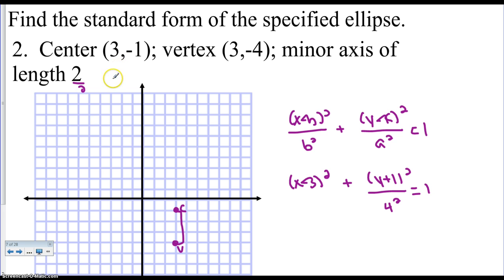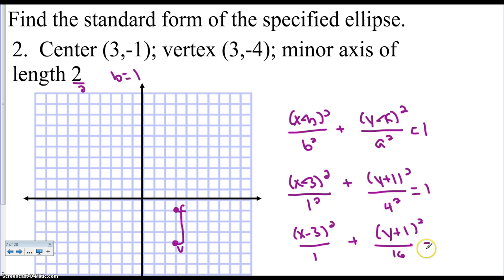So if I divide that by 2, my b value is 1. So I end up with x minus 3 squared over 1 plus y plus 1 squared over 16 equals 1.